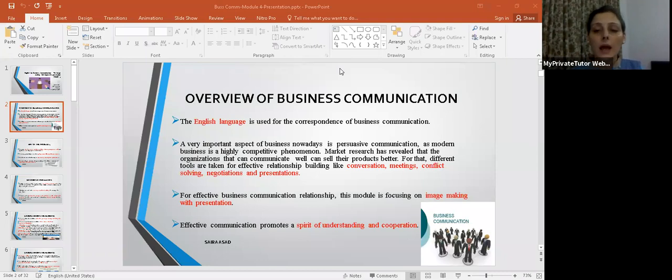For that, different tools are taken for effective relationship building, like conversation, meetings, conflict solving, negotiation, that we have already done and discussed in detail. And we have made the models also that should be opted per our own framework.